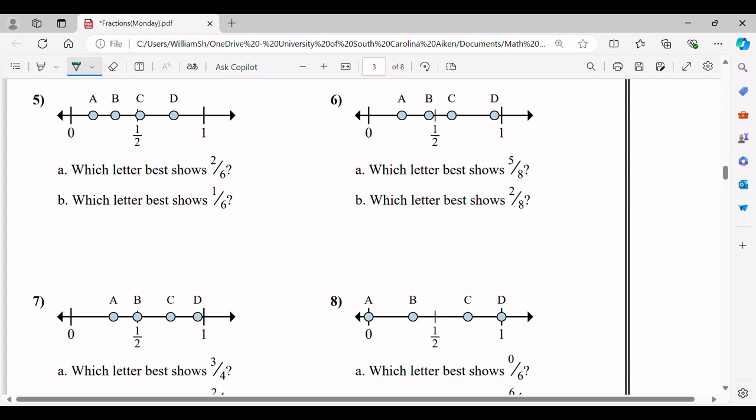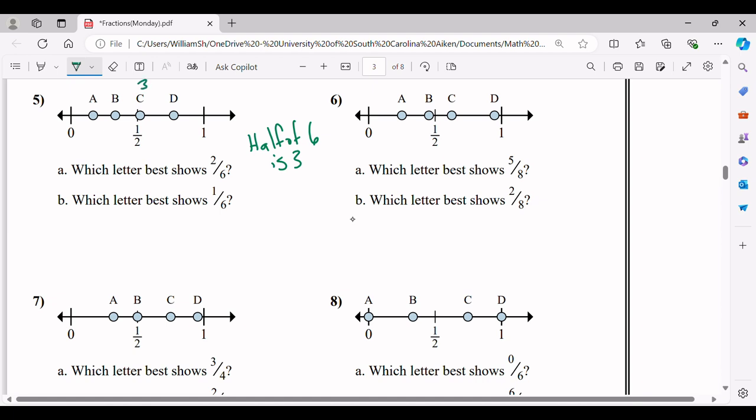Now, which letter best shows 2/6? Is 2/6 bigger than a half or smaller than a half? Well, what would half of 6 be? Half of 6 is 3.